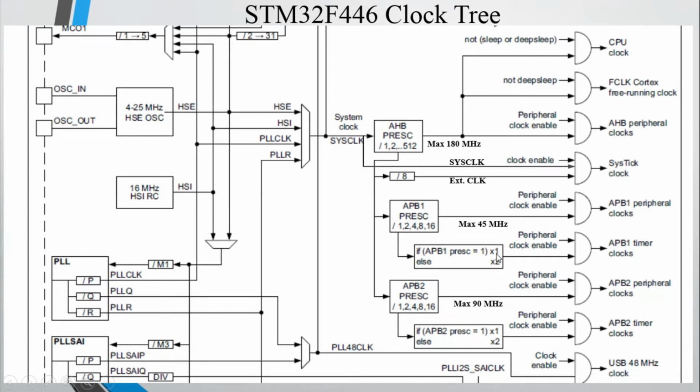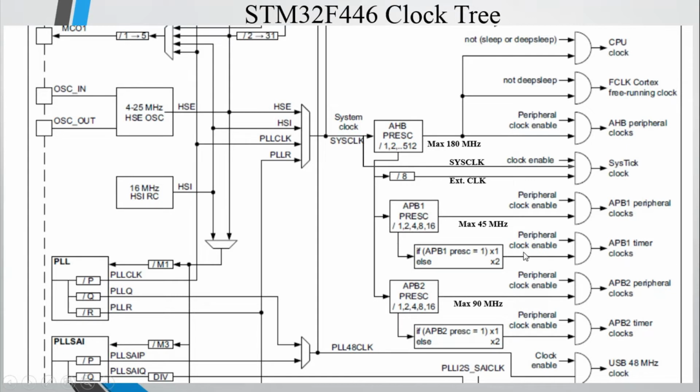You can have only two prescaler ratios. If the APB1 prescaler is configured as 1, then the prescaler ratio will be 1:1. For all the other combinations, that is 2, 4, 8 or 16, whatever value of prescaler you configure, you will get only the prescaler ratio 1:2. That means if you give 2 clocks at the input, you will get 1 clock at the output.